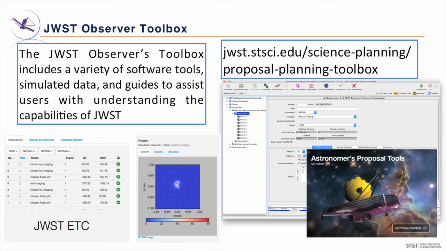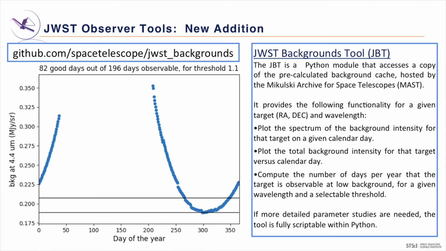I wanted to briefly highlight the JWST Observer Tool's newest addition, and that's the Backgrounds tool. Sorry, there's a box missing here, but that's all right. We'll fix it later. It's hosted on GitHub, again Python. We're really about open source here. What it does is it allows you to put in an RA and Dec and then find the background level at various wavelengths on different days in the year.